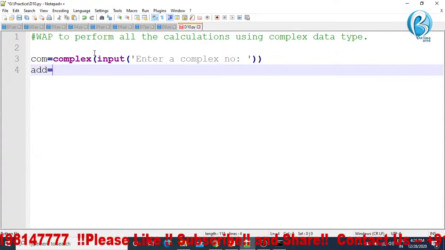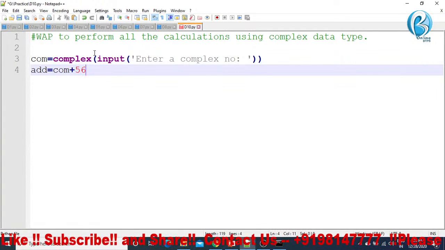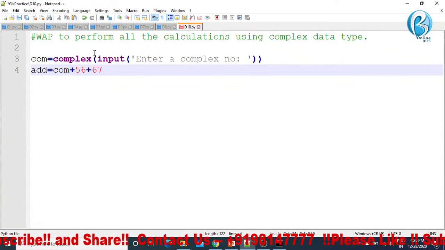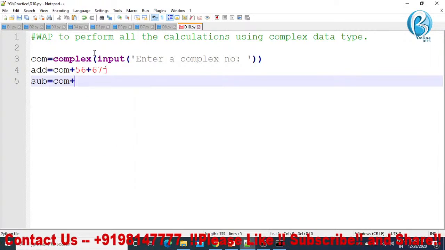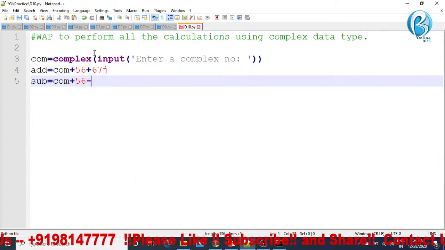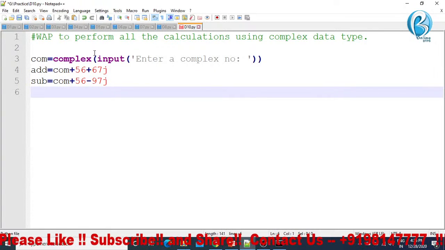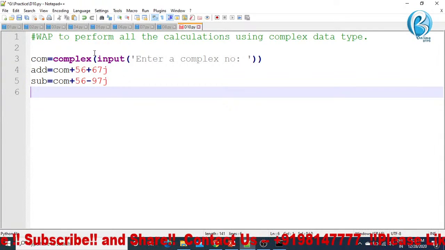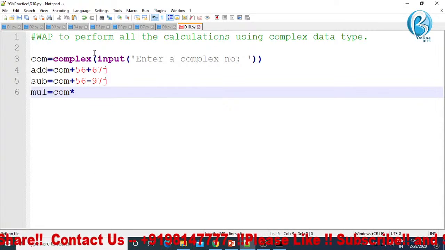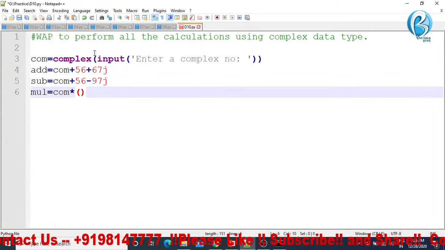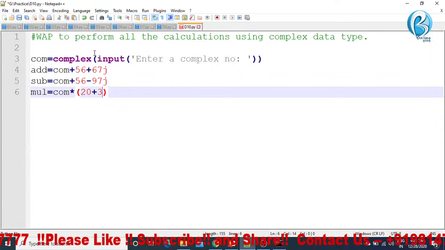So add equals comp plus 56 plus 67j. Then subtraction equals comp minus 56 minus 987j. Fine. Then multiplication equals comp into 56 plus 20 plus 30j.